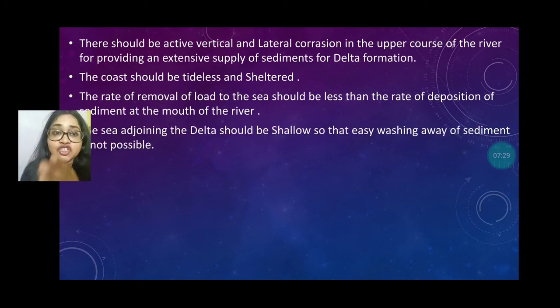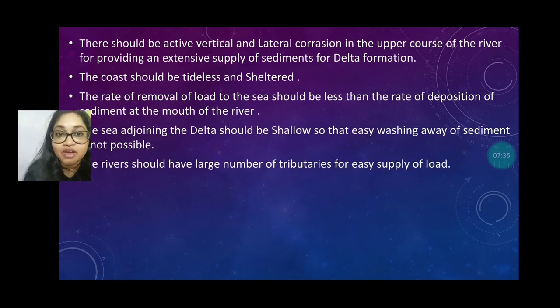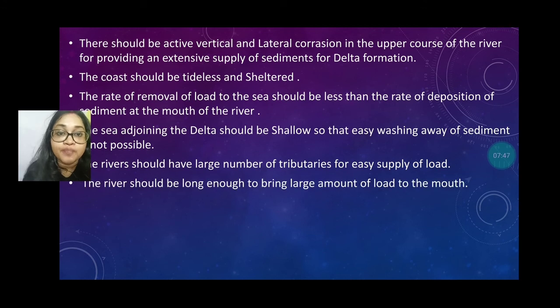The sea adjoining the delta should be shallow, as easy washing away of the sediment is not possible. The river should have a large number of tributaries for the easy supply of loads and sediments. The river should be long enough to bring a large amount of load to the mouth.